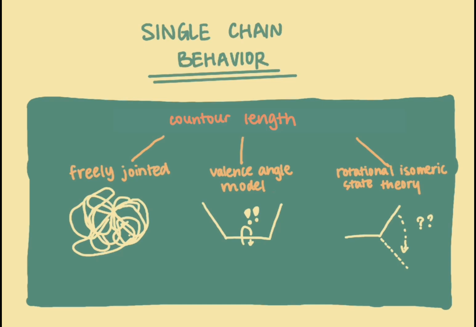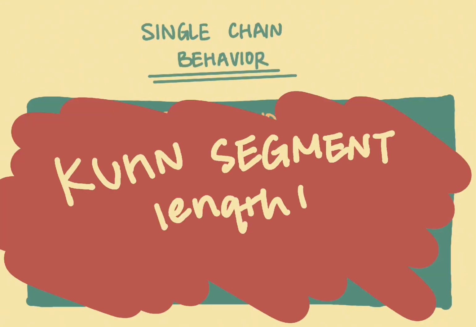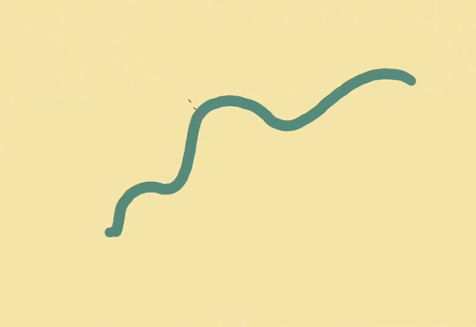Because of the extra constraints that the two models consider, the valence angle model and the isomeric model will give a more precise calculation. However, this also makes the calculation for the valence angle model and the isomeric state model relatively complicated. The Kuhn segment length, denoted as B, is a way to simplify this complexity.